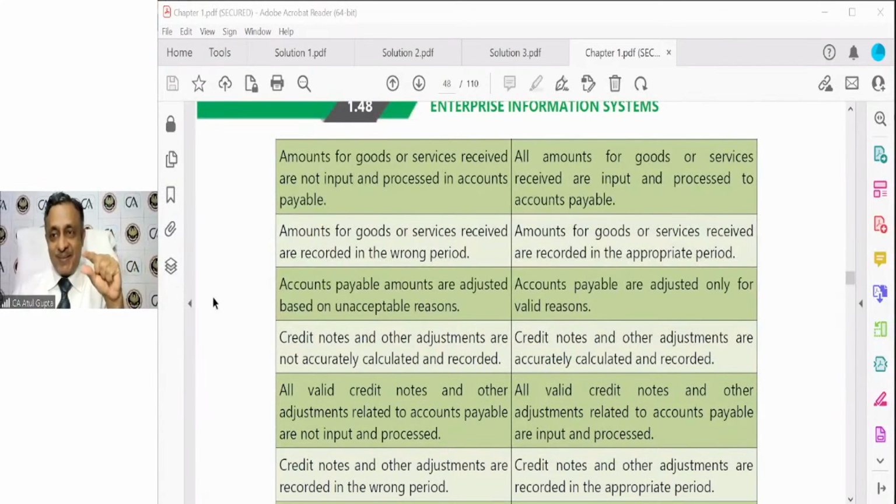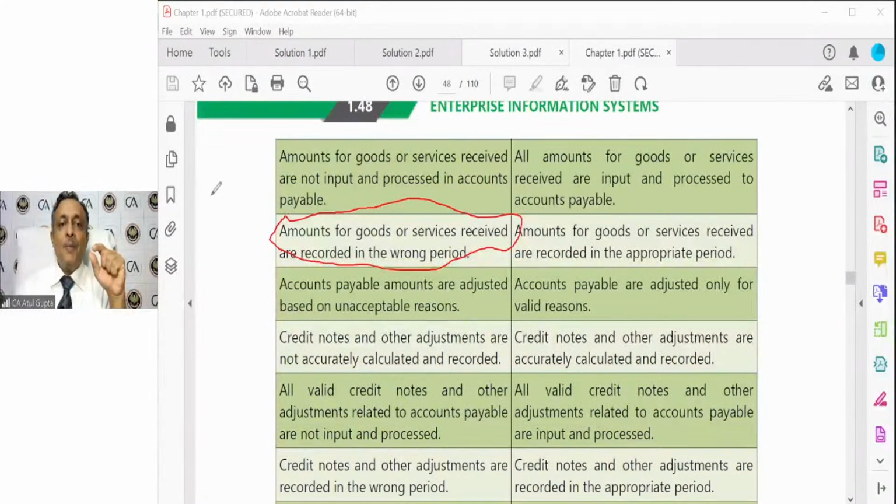Okay, so I'm asking you a question. Let me highlight this. I want to see how you have read things. Amounts for goods or services received are recorded in the wrong period. This is non-compliance of which word in audit procedure, or which part of the substantive audit procedure?